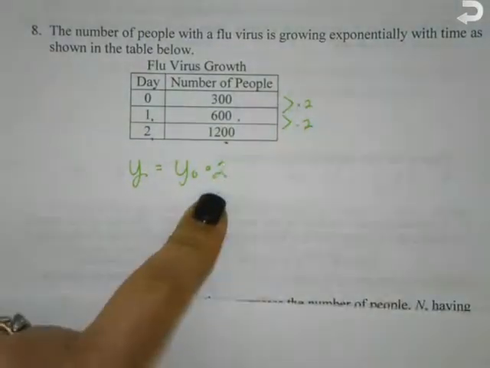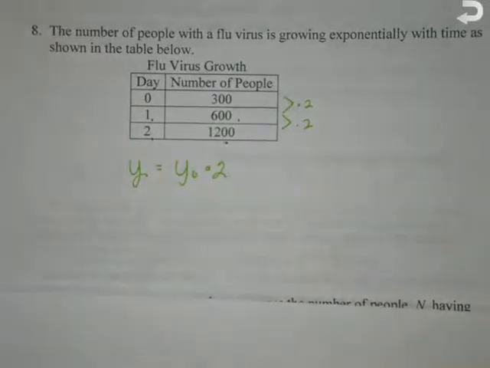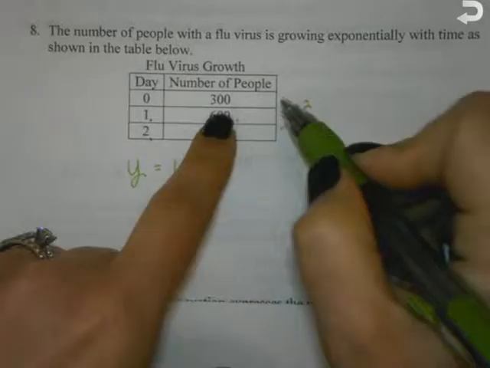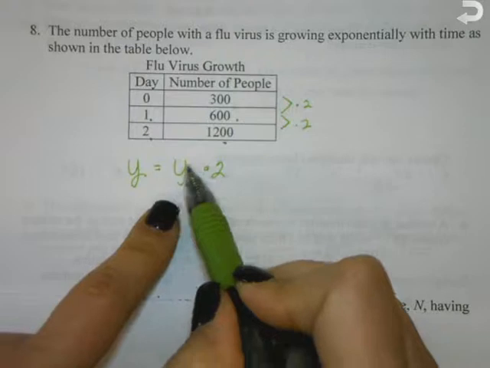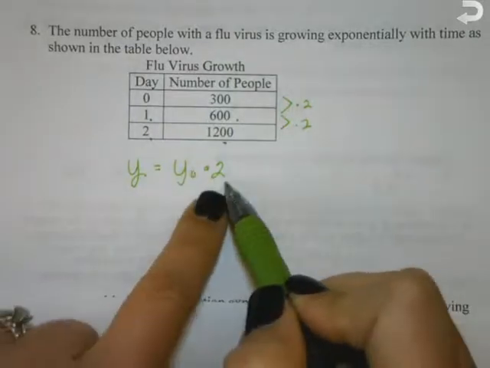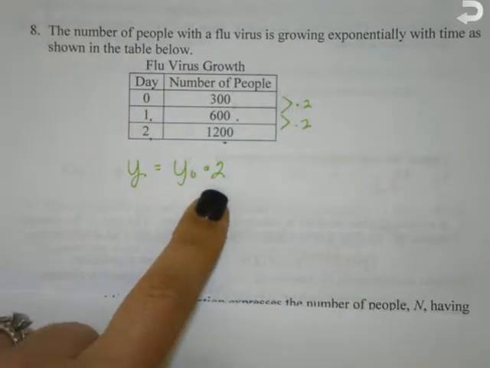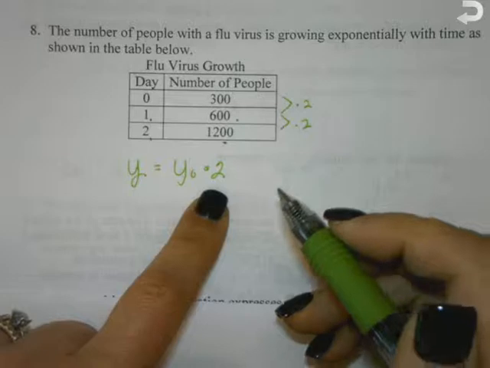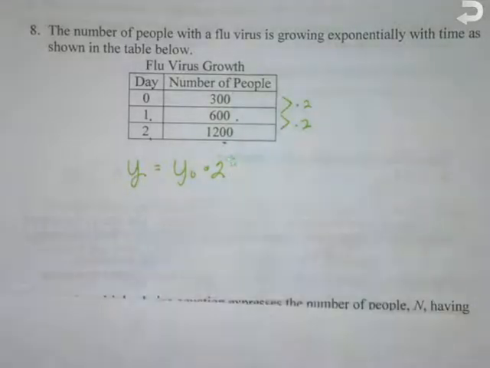If it's a decay problem, the base of your exponent is going to be 1/2 because it has a half-life. Okay, so it just depends on what kind of problem this is. Because this is a growth problem and we are doubling each time, you multiply your initial times the amount that it's growing, so 2, and your exponent is always going to be the amount of time, always.